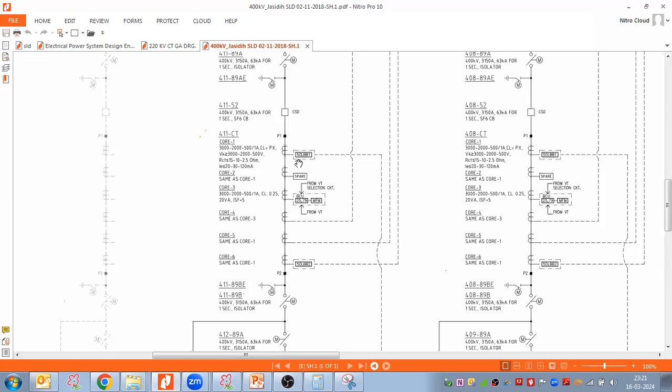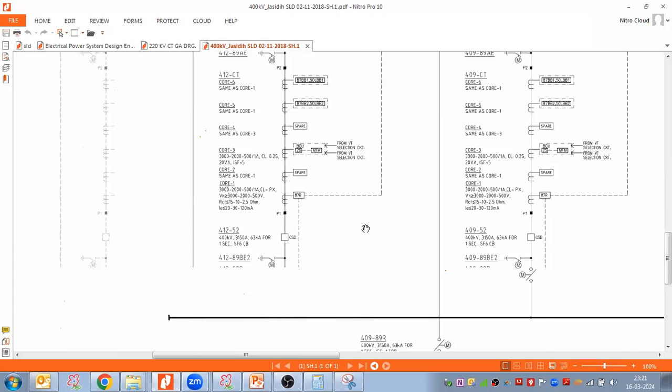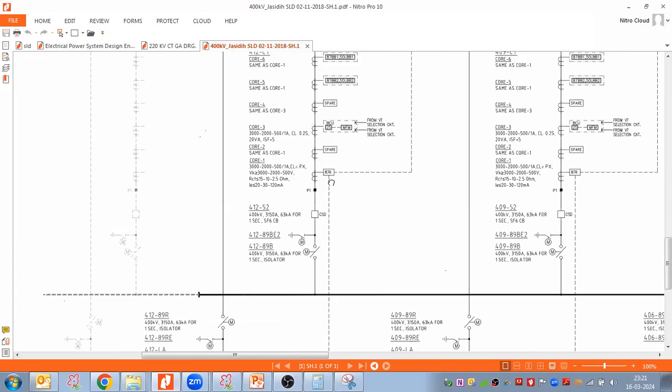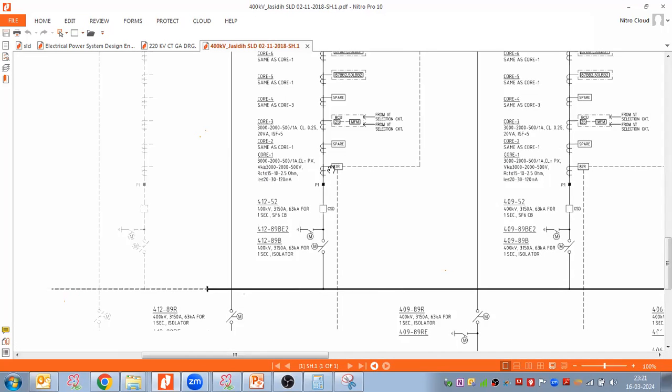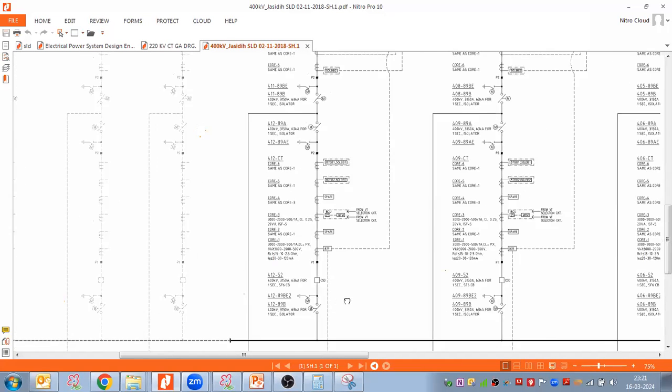So I took P1 and LBB, and combined that with the overall differential protection, which is for the reactor I'm using here. That is why I put the 87R, and then I connect with the.